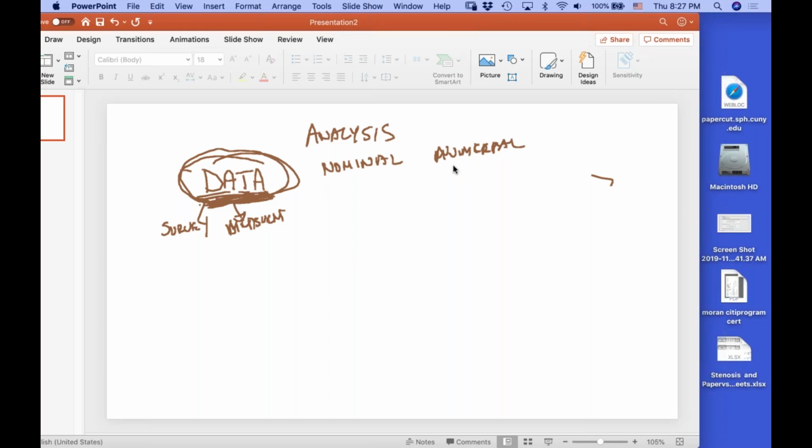They have nominal, ordinal, and scalar. When you deal with scalar information, you're usually looking for the mean and the variability, like the standard deviation.